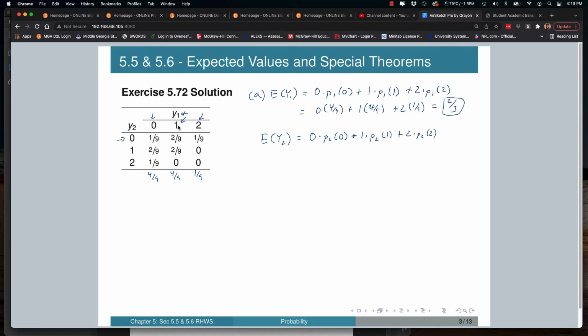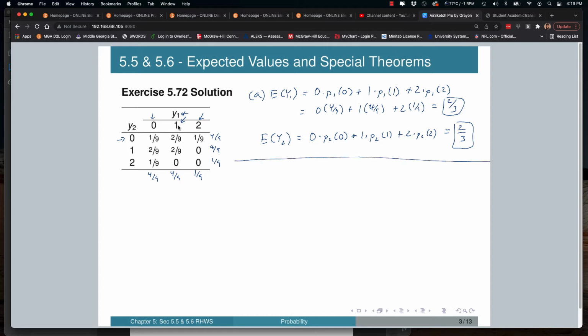We're going to end up getting the same thing, because this first row is 0 times 4/9, 1 times 4/9, and then 2 times 1/9. So we get 2/3 there as well. That actually makes part C pretty easy for us. But that's how you can answer it without even worrying about the binomial aspect of Y sub 1 or Y sub 2, as far as the marginal distributions are concerned.